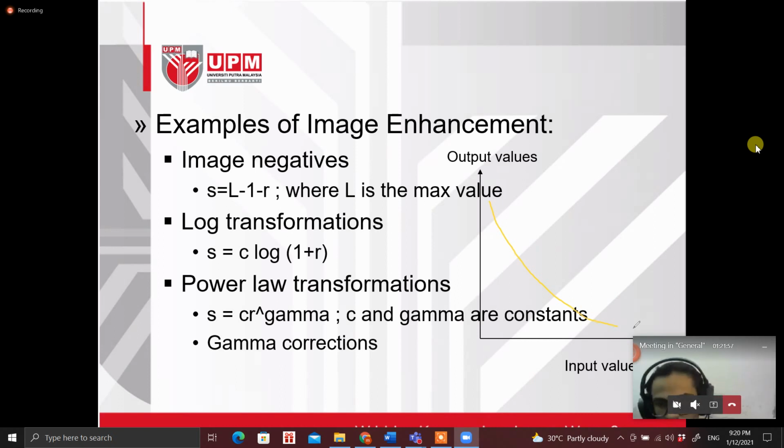So we can have lots of functions applied for image enhancement, but it depends on what the application is for. For example, power law transformation depends on the values of C and gamma. So you can have something like this. It is being used as a gamma correction for your monitor.